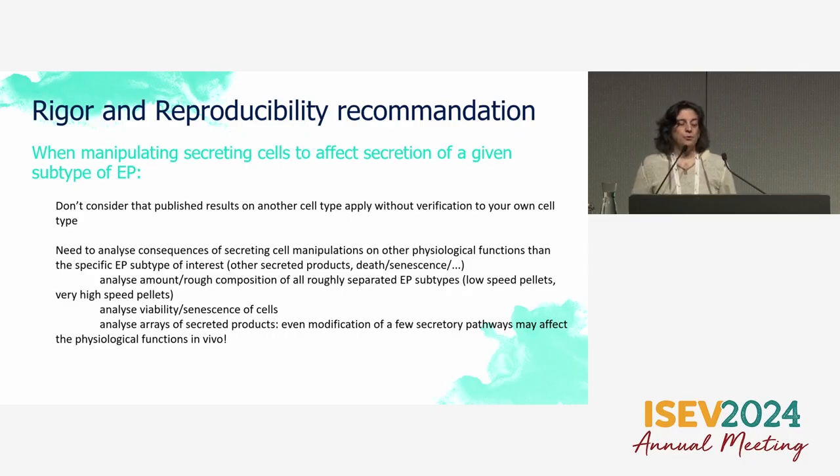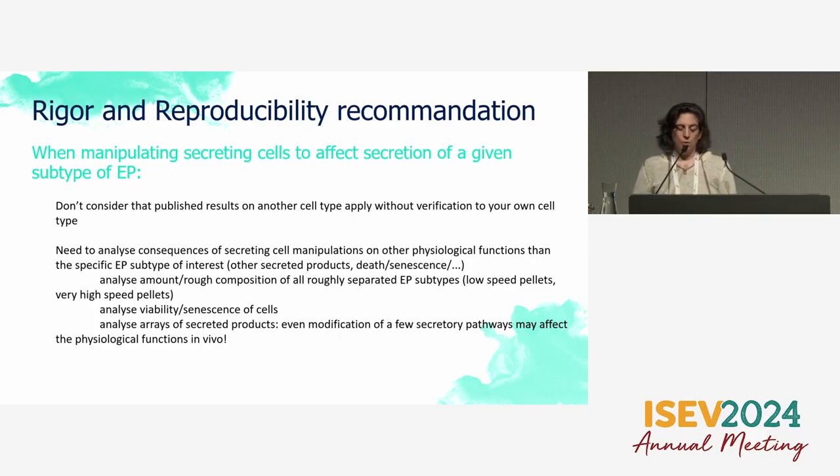Second, you really have to keep in mind that you need to analyze the consequences of manipulating the cells on other secretions and other physiological functions of the cells, especially if you want to use that for in vivo studies to say that secretion of EVs in vivo does this or that.